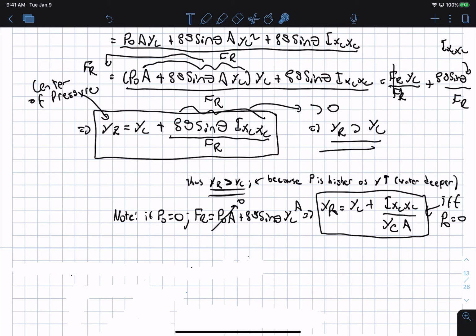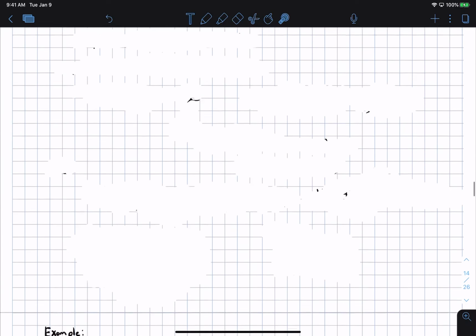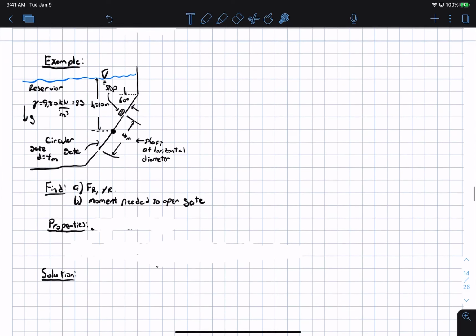Okay, so now we will do an example. I'll go up to this page here in a little bit. We'll do a little example just to show you how to apply this. So here we have a tank like this. There's atmospheric pressure on top, and we have a little circular gate here. If we are looking at it from above, this here is just a circle.